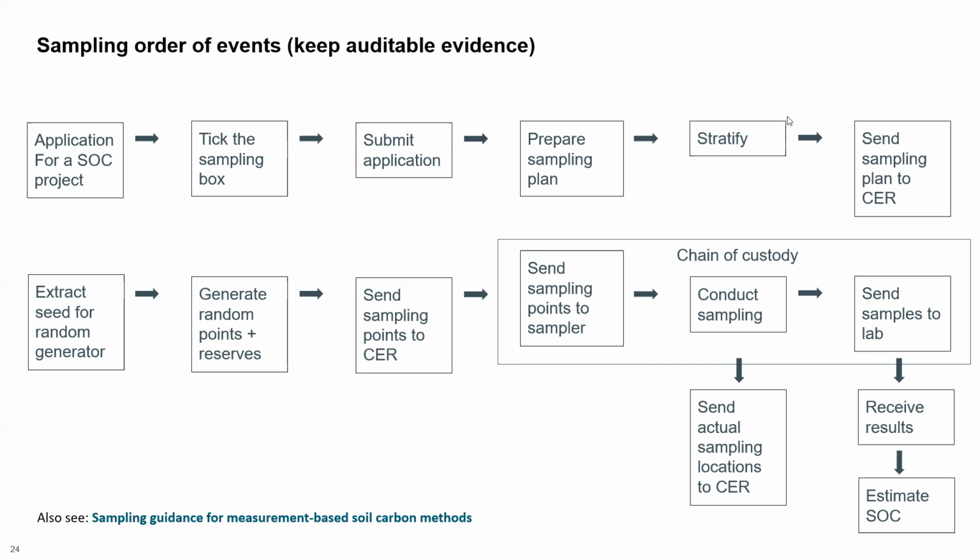You don't have to send the strata at the time of the application. Now you prepare your sampling plan. You understand how many samples you're going to do, how many strata you're going to have, the depth of your sampling, etc. Then you stratify. Then you send your sampling plan to the CER, which includes a map of the strata.